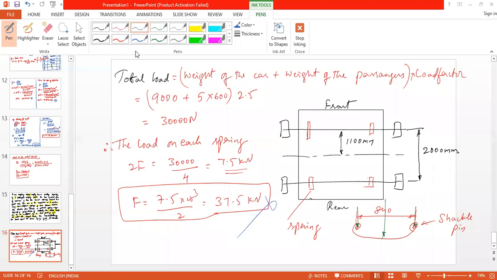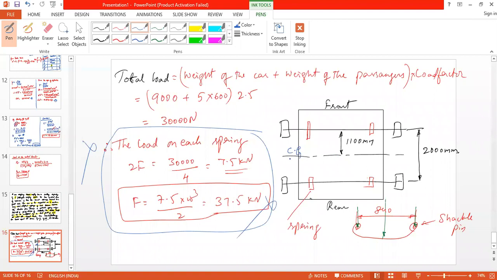Why? Because where is the total load acting? It is acting on the CG.